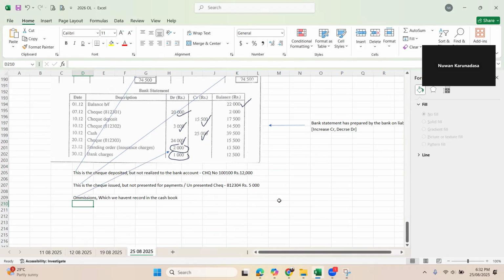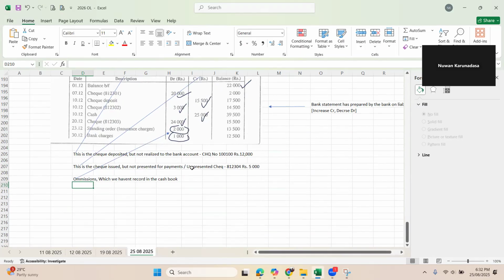Therefore, these have to be recorded in the cash book, and the cash book balance is wrong due to the two omissions.